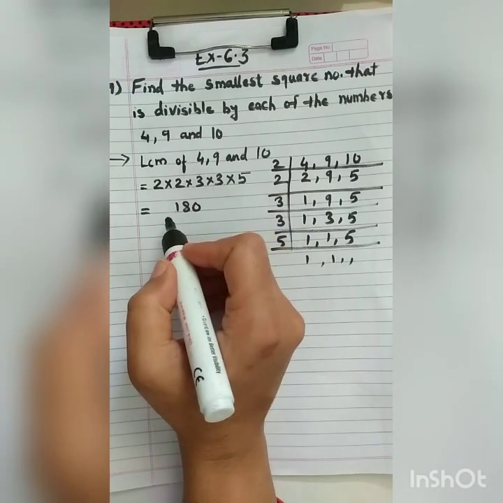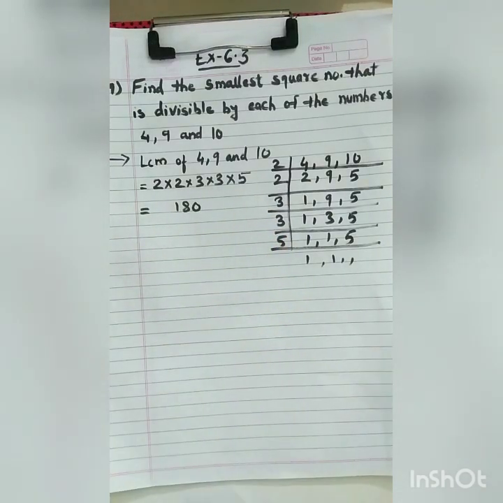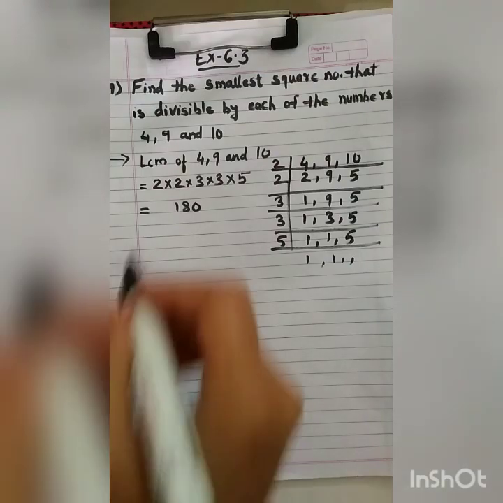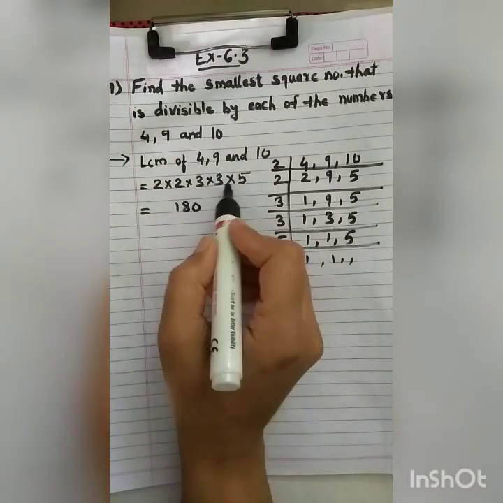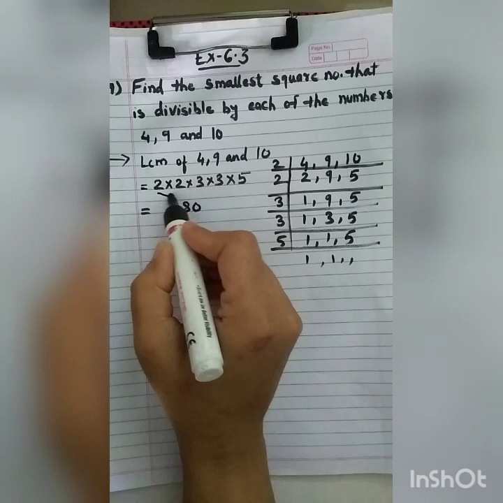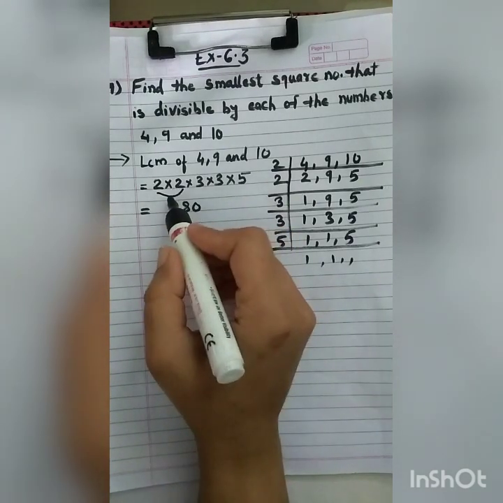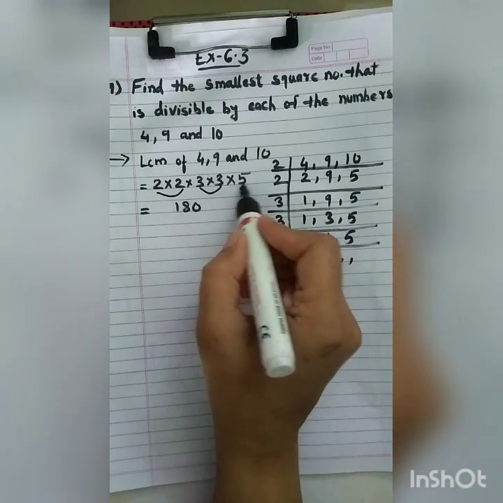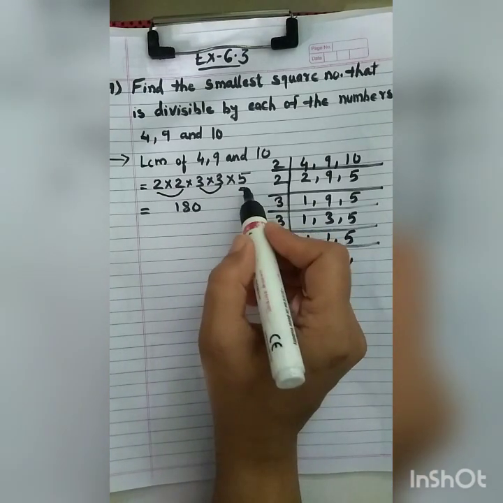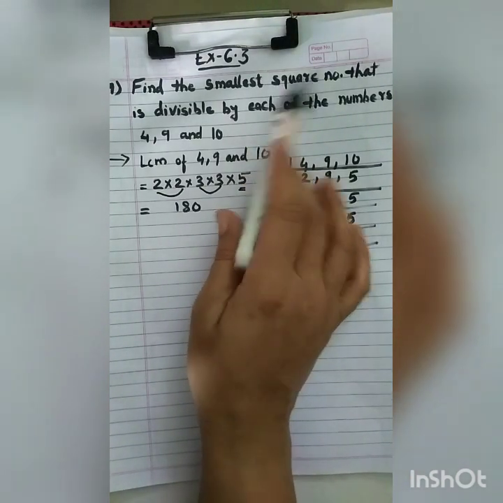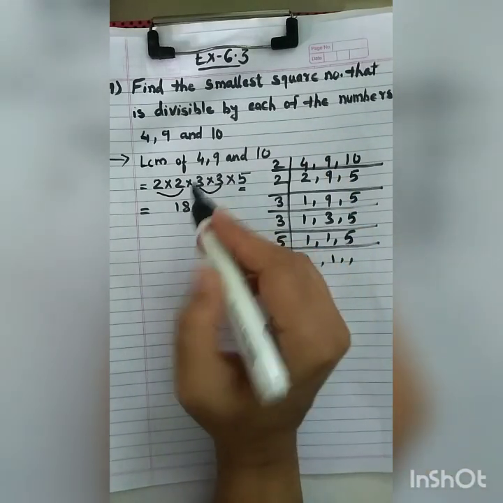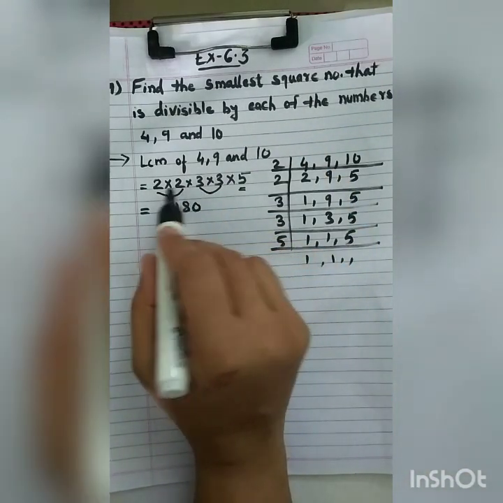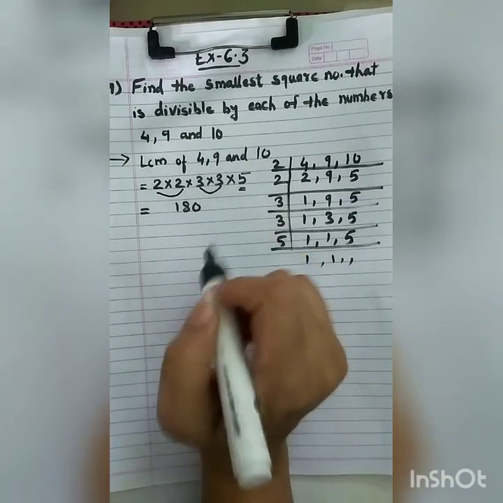Because as you can see in the prime factorization, this 2 forms a pair, this 3 forms a pair, but this 5 doesn't form a pair. And we know that a number is a perfect square when all the factors are paired.